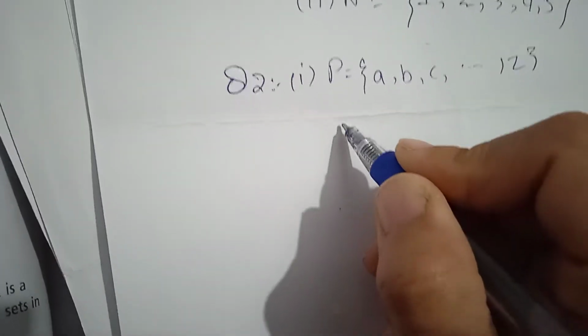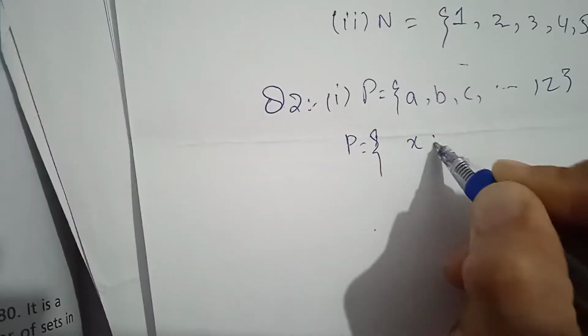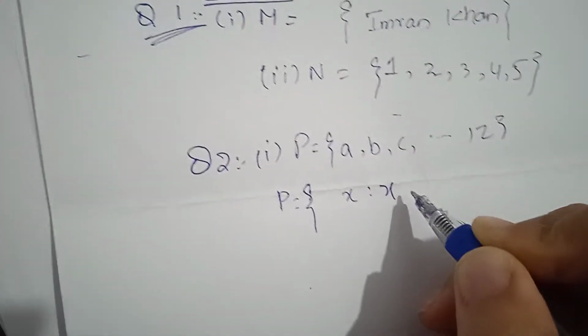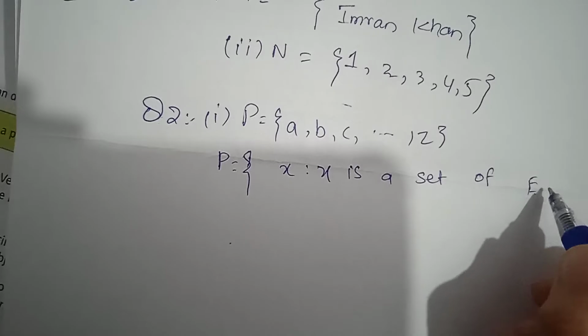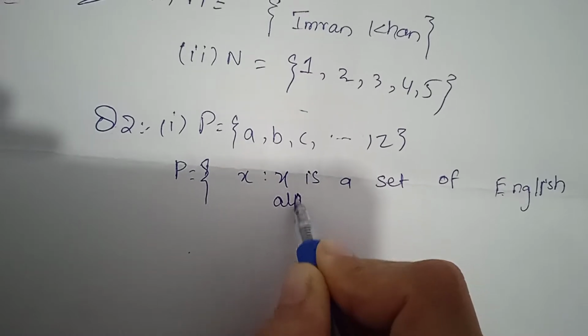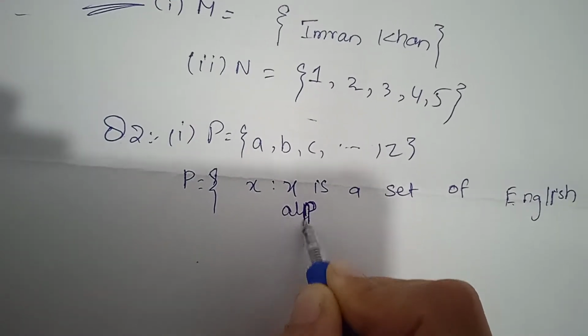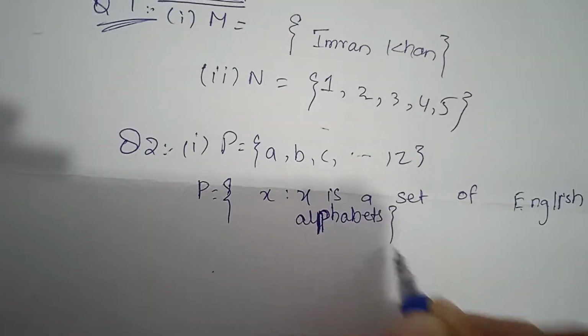This is a set, so P is equal to x such that x is a set of alphabets. So you have to write like this.